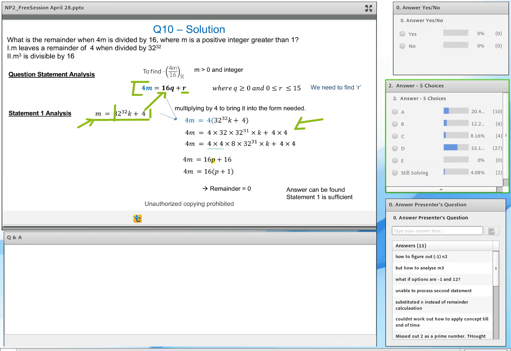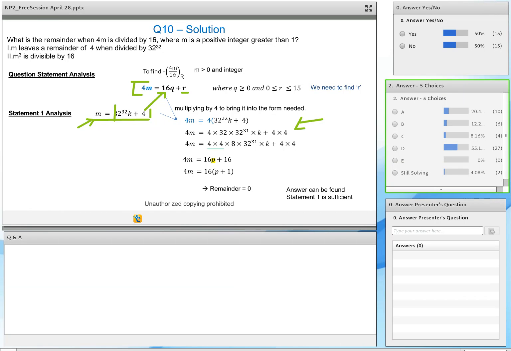How many of you utilized this concept, or this process skill, to solve statement 1? Okay, for those of you who didn't do this, what did you do? How did you process statement 1?